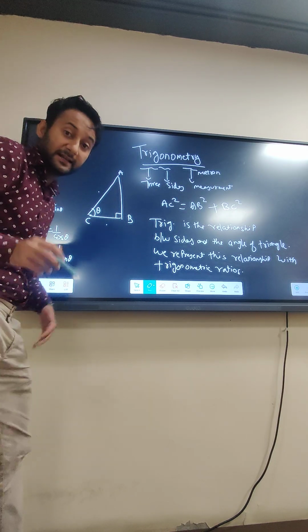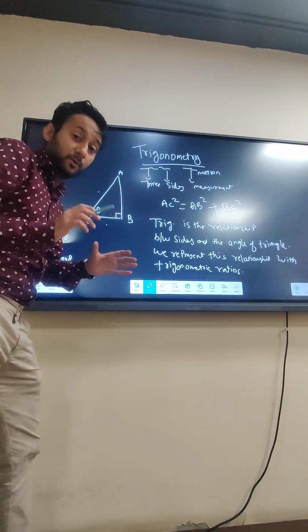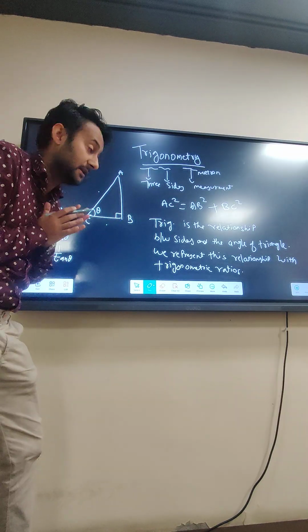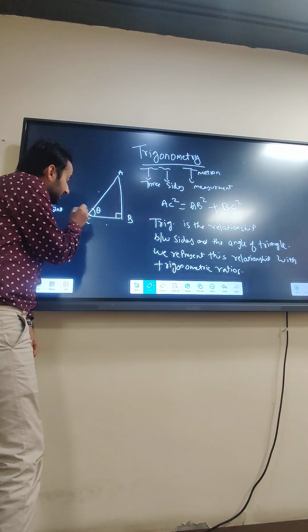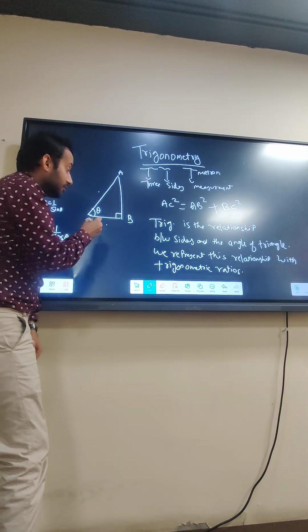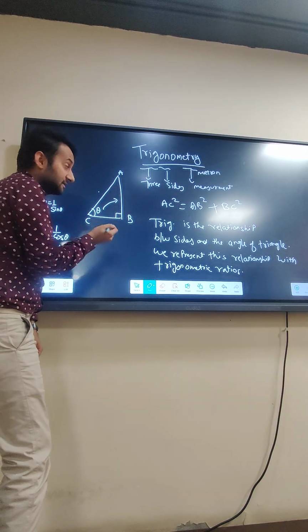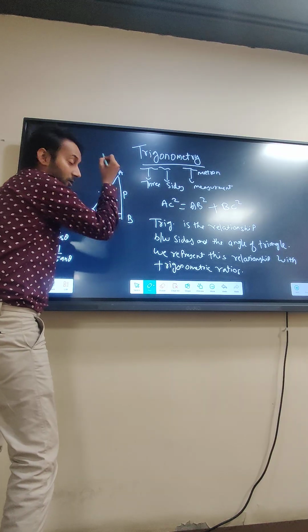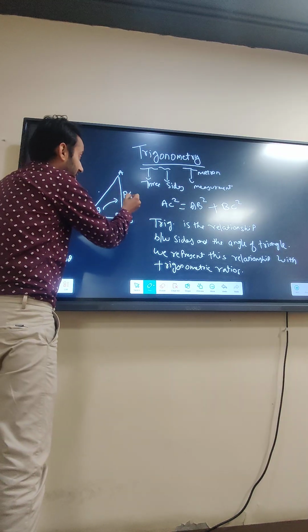So first of all, let us know the position of the sides with respect to the angle. See, when you are standing here, you are observing the building. Which side of the triangle is opposite to you? This. This will be known as perpendicular or P, the side opposite to the angle.